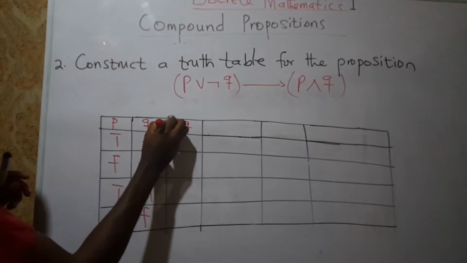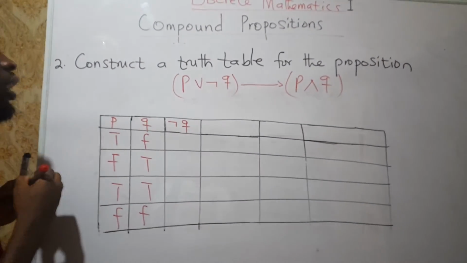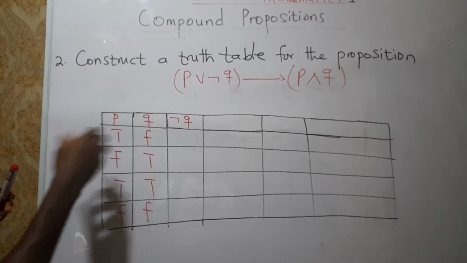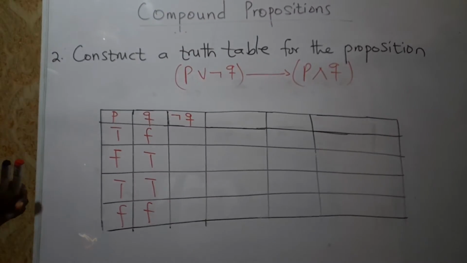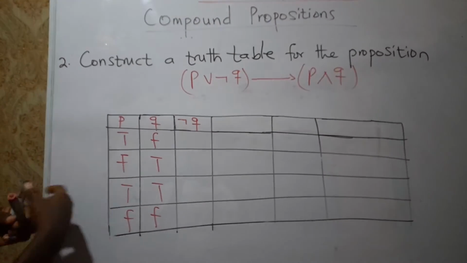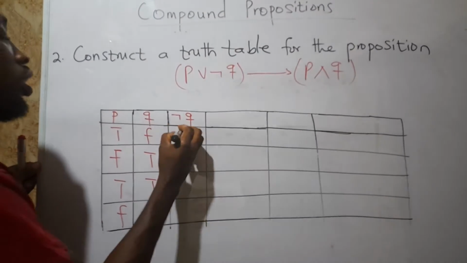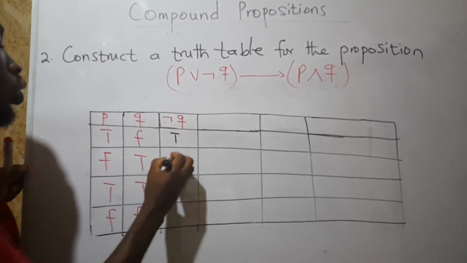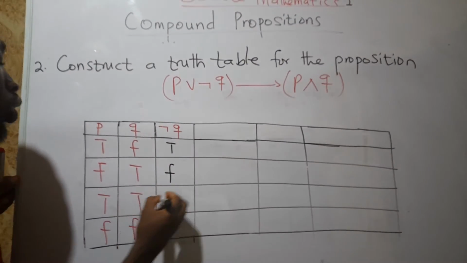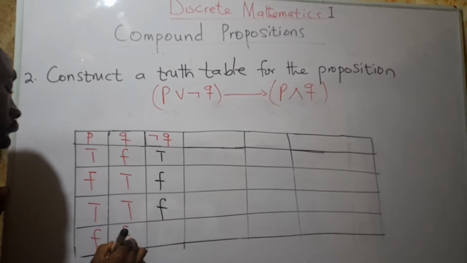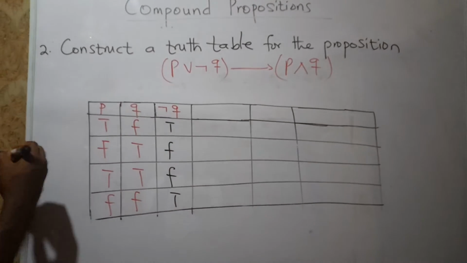So we negate the Q. Remember, in a negation statement, when a statement is true, then its negation is false. And when it is false, its negation is true. So we can say, since this is false, this will be true; this is true, this is false; this is false, it will be true.